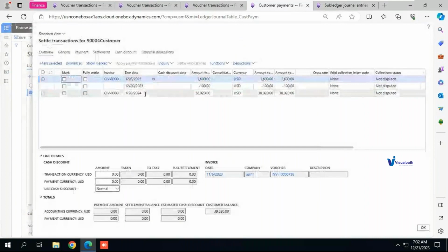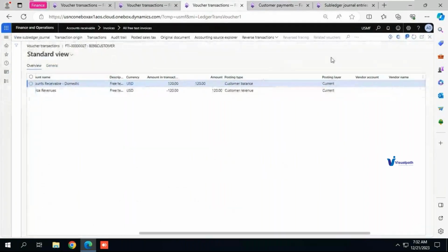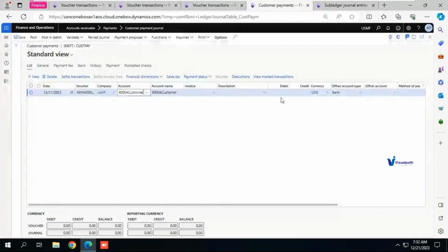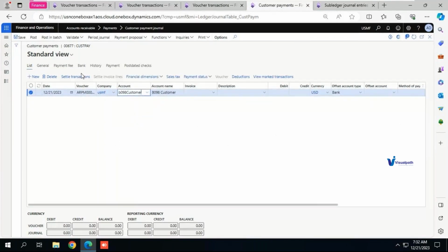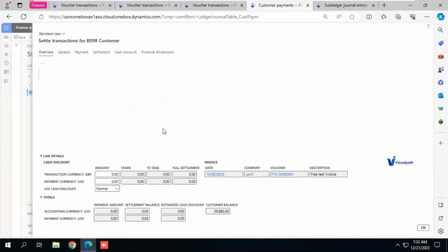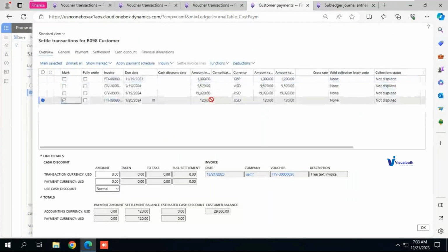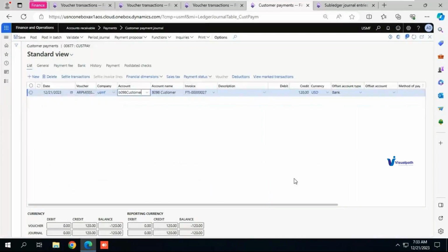This is for which customer you have posted. It is B098 customer. Let me select 98 customer. Then you can click on settle transactions. Now it will show you the 120. Click OK. Now it is coming automatically.